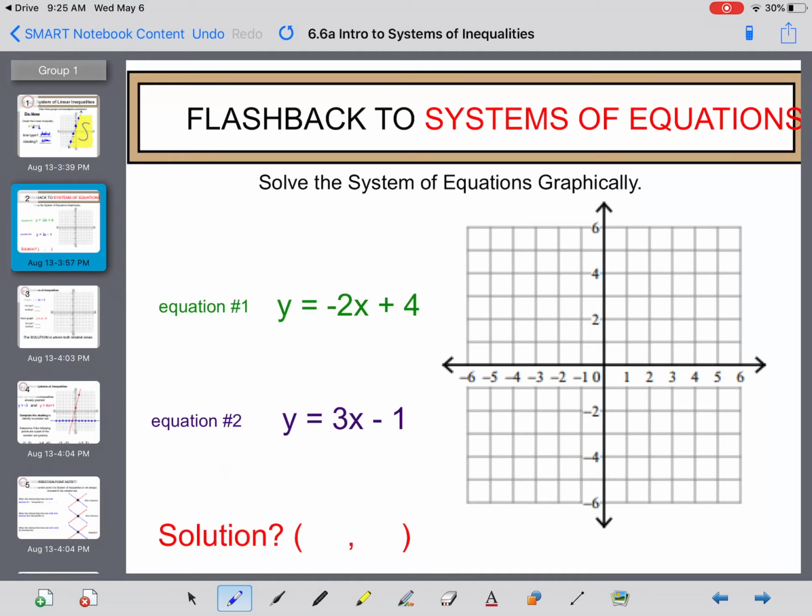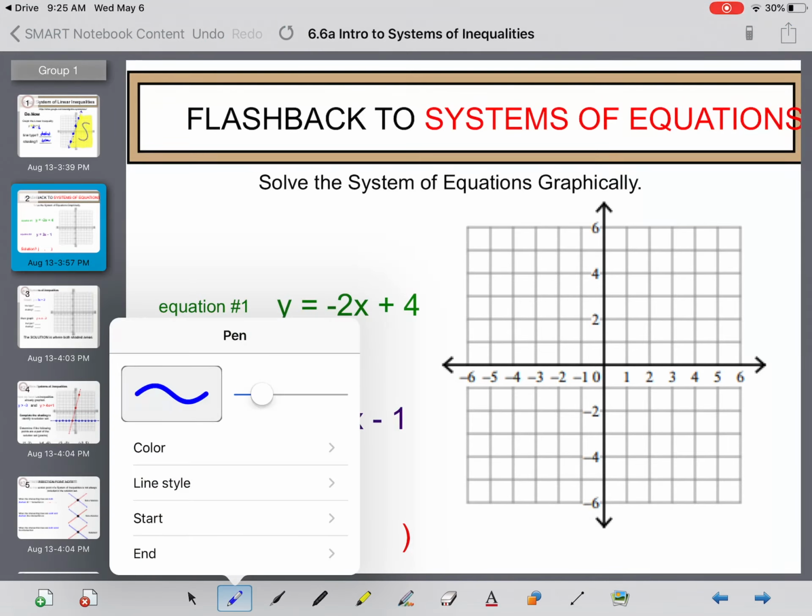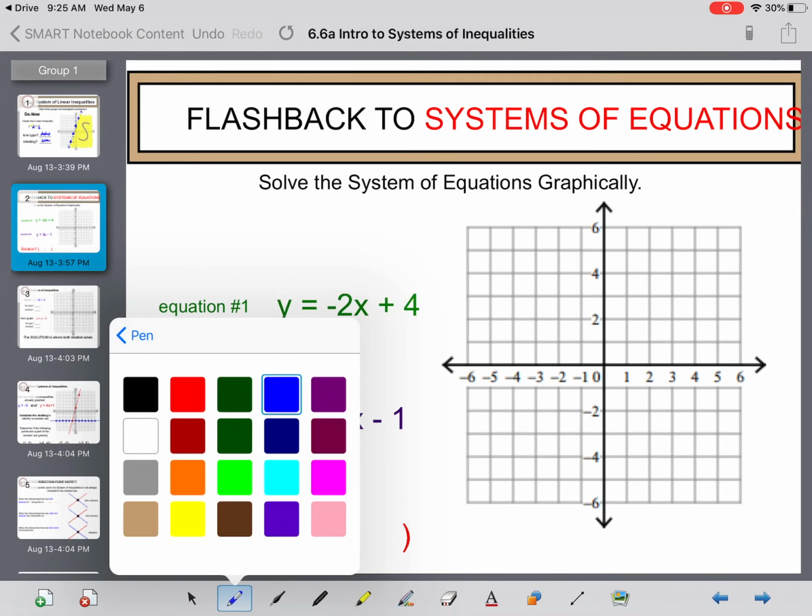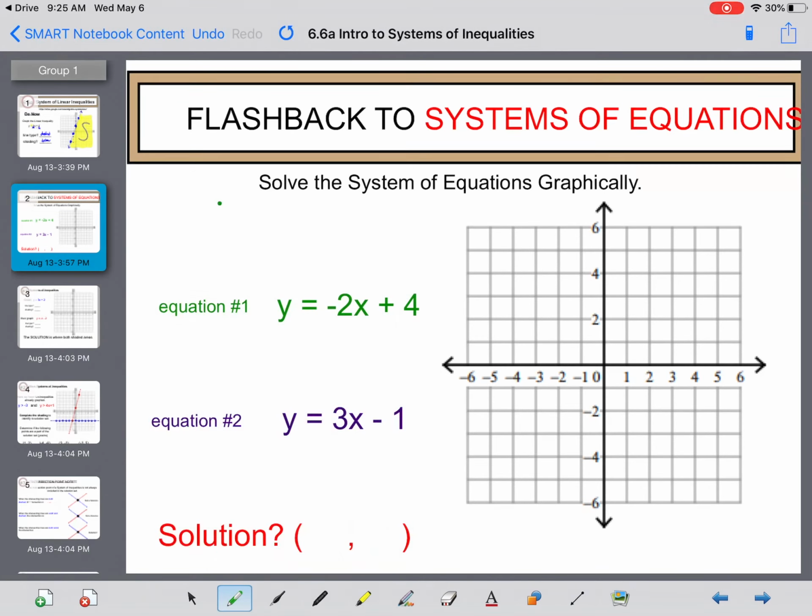So, little flashback to when we did systems of equations. We have two lines, equation 1 and equation 2, and we need to graph them both at the same time on the graph. So equation 1, the m value is -2 over 1, the b value is +4.